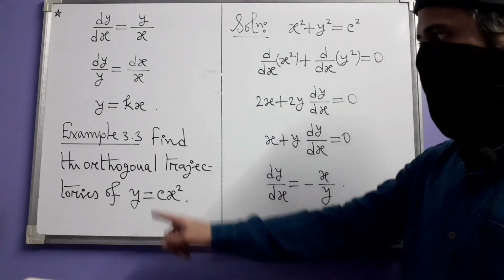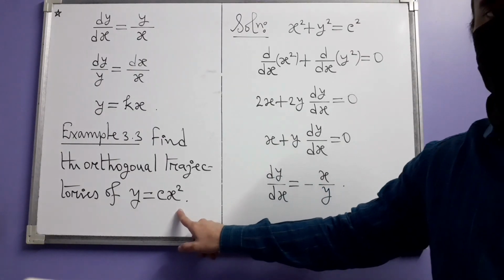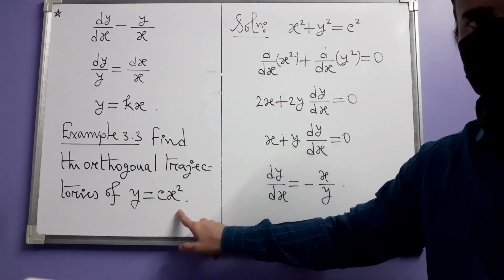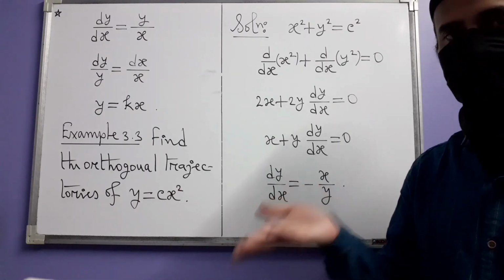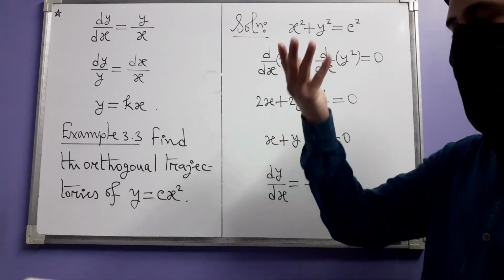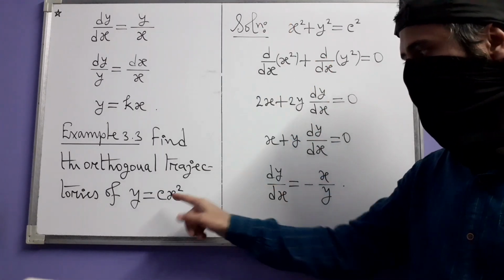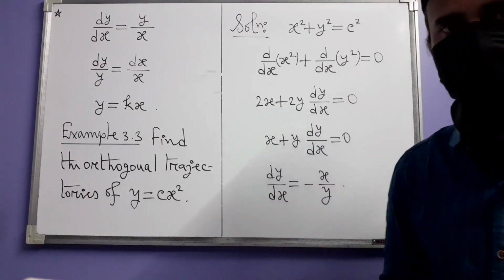Let's see another one, example 3.3. This time it's a family of parabolas for which we have to find orthogonal trajectories. These are parabolas that have the y-axis as their axis and they open upwards. That means they are like this if c is positive, and they open downwards if c is negative.